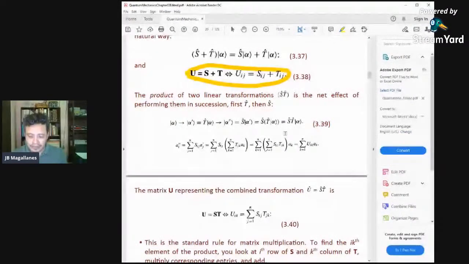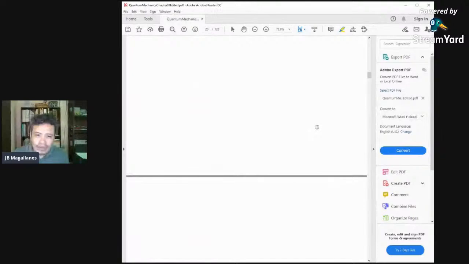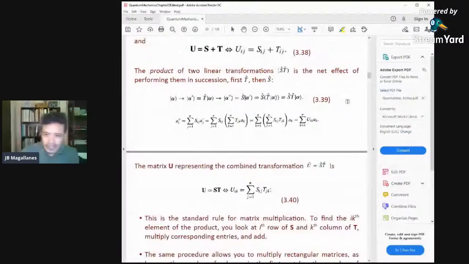Also, for the product of two linear transformations S and T, the net effect would be, for example, you are transforming alpha into alpha prime. That is just equal to t hat alpha.